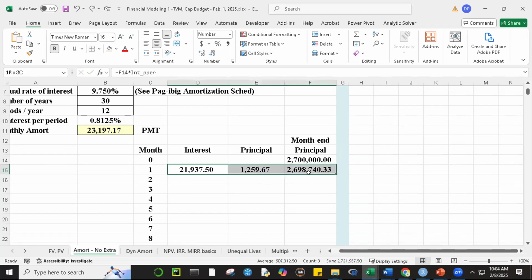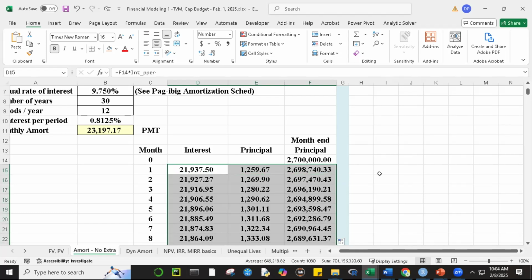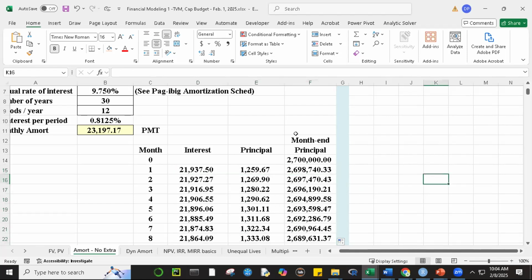So what we can do is highlight this because we're going to copy it down and go to that lower right portion. You'll see here a cross. I hope you can see that black cross there. And then double click that. So it will now copy the formulas below.